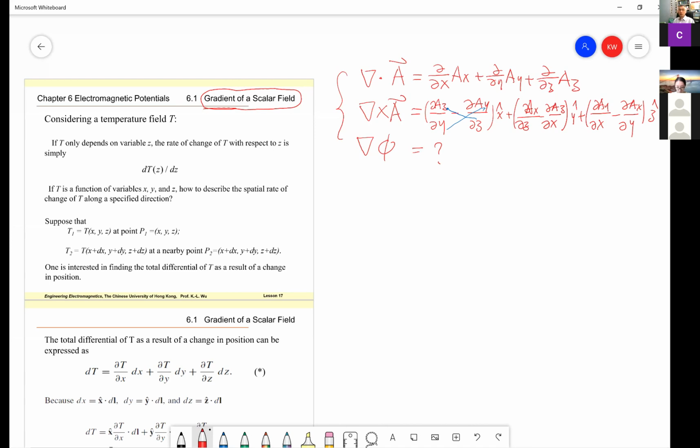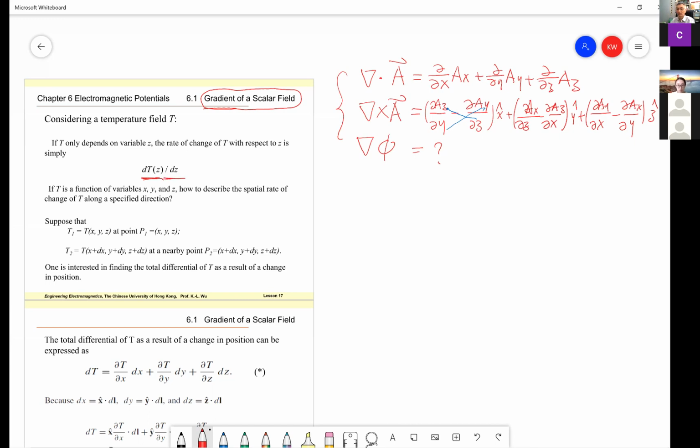At a different location, the temperature varies differently. If the temperature changes with only one variable, that's easy. The differential of the temperature change with the location along the z-axis is the partial T partial z.